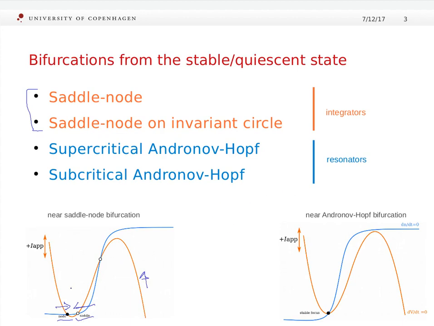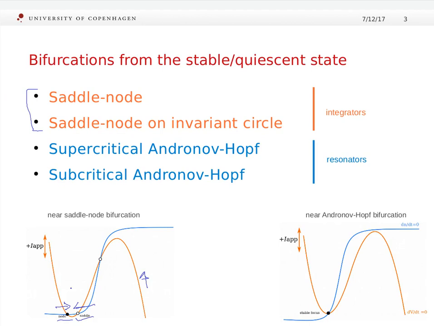It will either jump to an existing limit cycle, or a limit cycle will be created. These two bifurcations are called saddle node bifurcations, and neurons near these bifurcations display certain neurocomputational properties which allow us to call such neurons integrators.